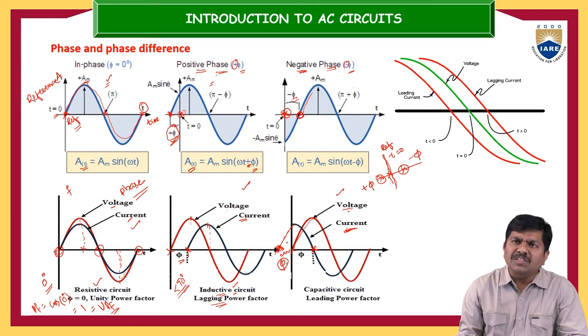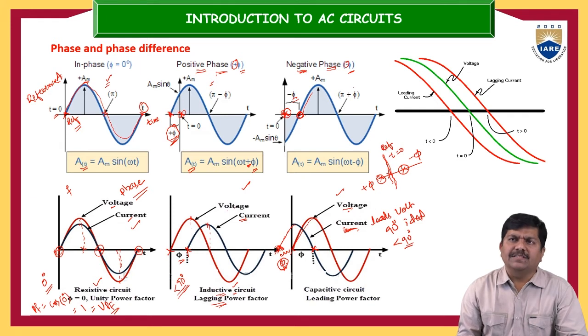Which waveform is advanced? The current waveform. So current leads voltage by 90 degrees in the ideal condition, otherwise less than 90 degrees in the practical case.